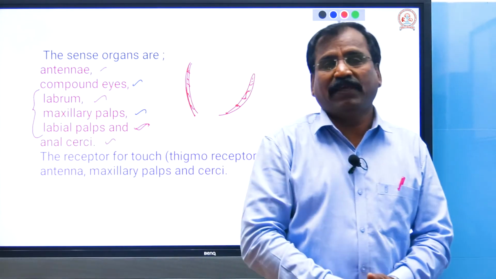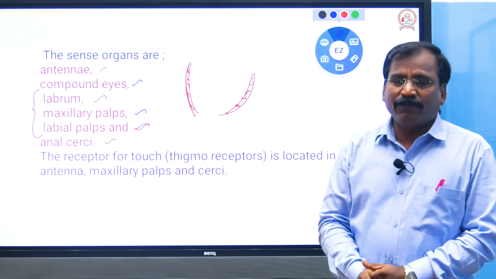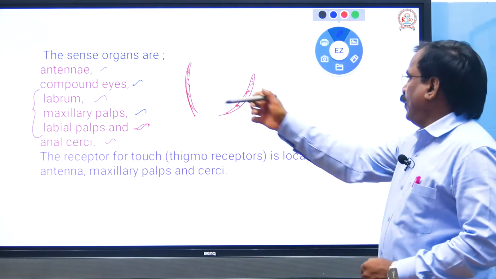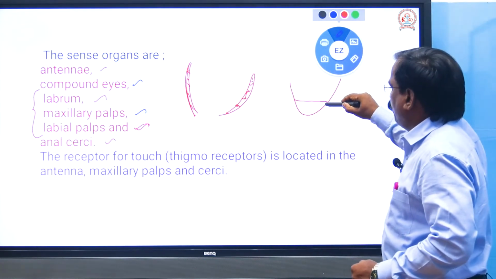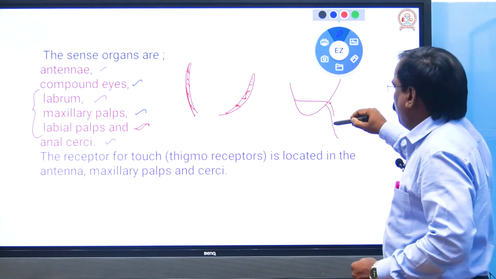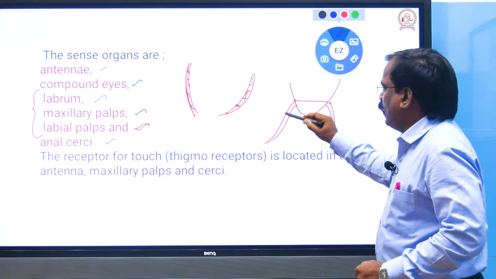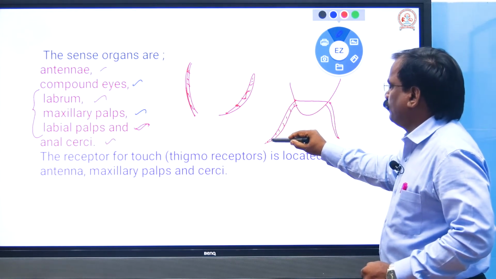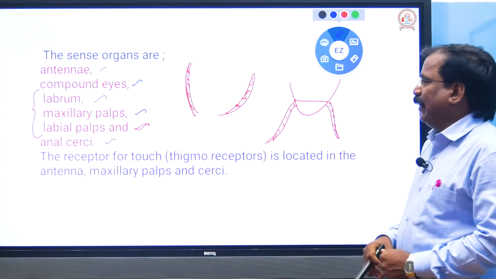In both male and female cockroaches, from the 10th abdominal segment, a pair of many-jointed structures arises as an outgrowth. This is called the anal cerci.